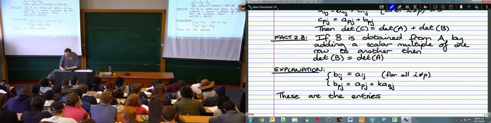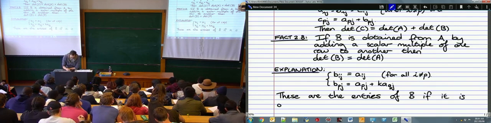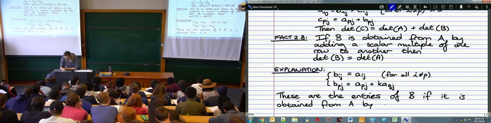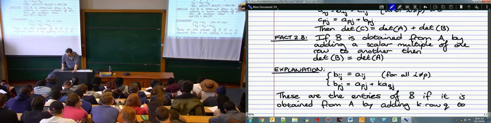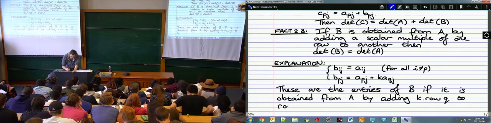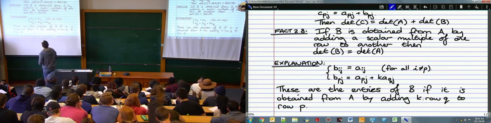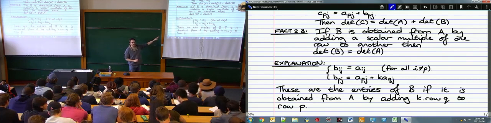These are the entries of B if it is obtained from A by adding k times row Q to row P. Is everyone happy with this statement so far?